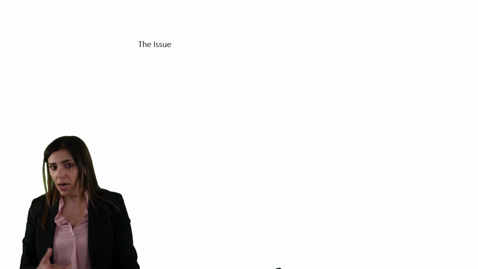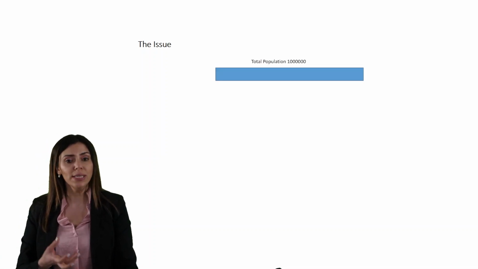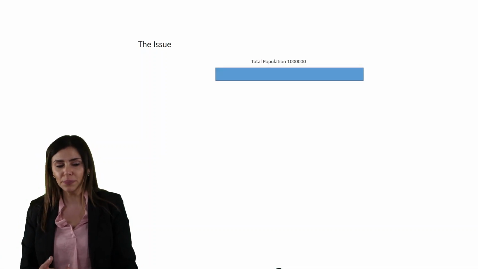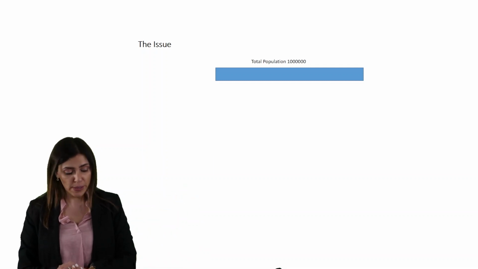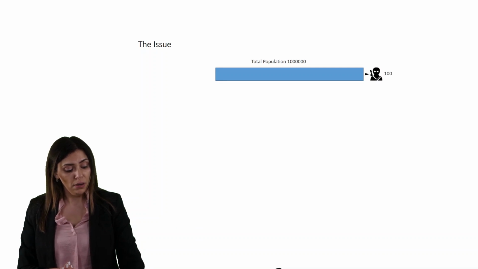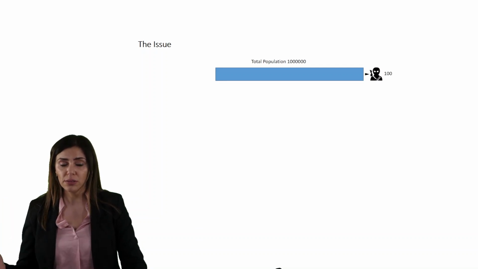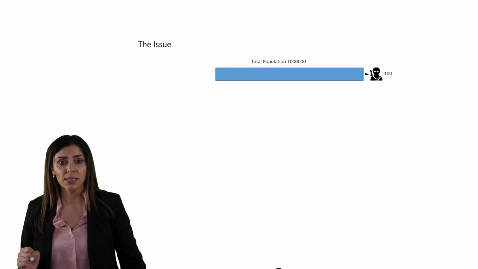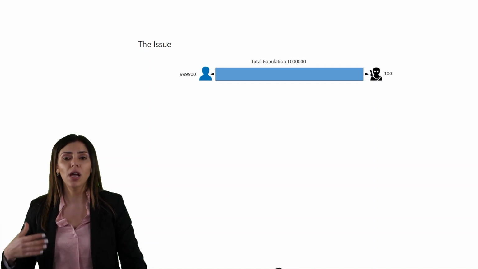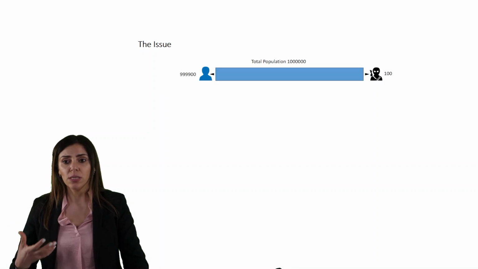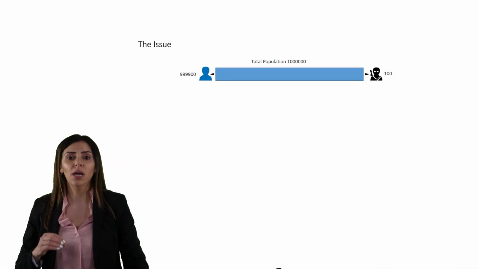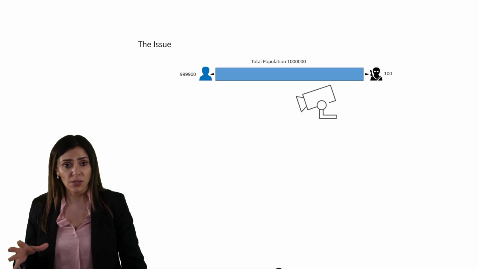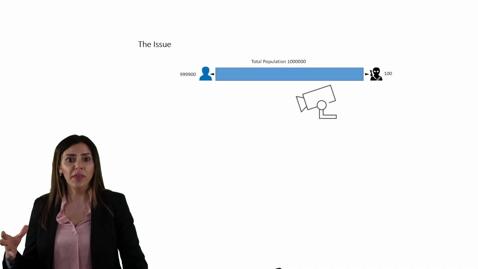So, what is our issue? We said that we have a population of 1 million people, of which 100 inhabitants are terrorists, and the rest, 999,900 inhabitants, are non-terrorists. So then we decide to install an alarm system with a bell.